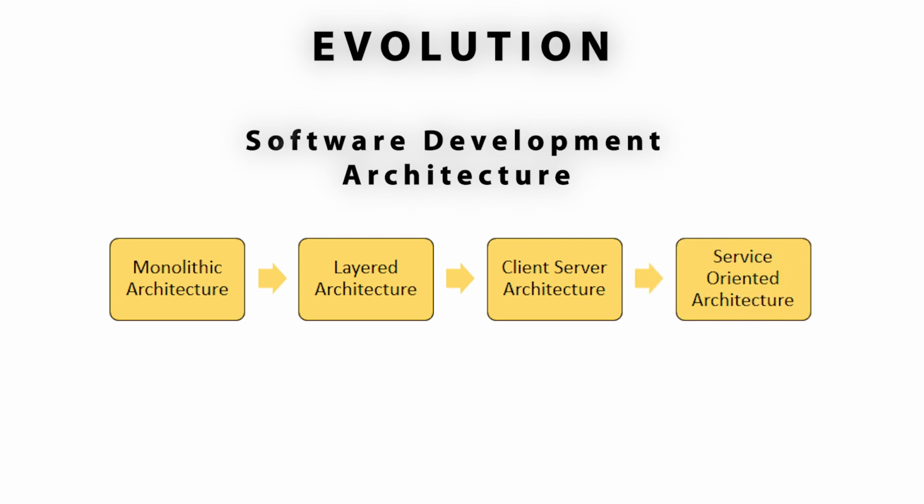Service-oriented architecture is composed of loosely coupled reusable services that communicate via standardized protocols. Reusability, interoperability, and flexibility are the advantages. The problem is that managing and coordinating multiple services is a bit complex.